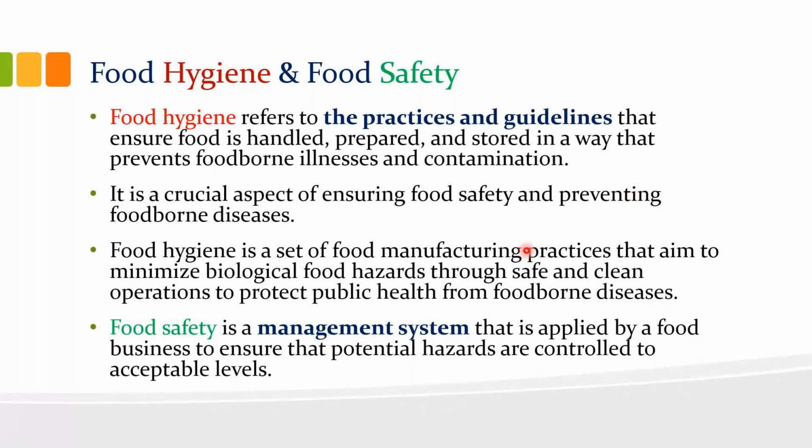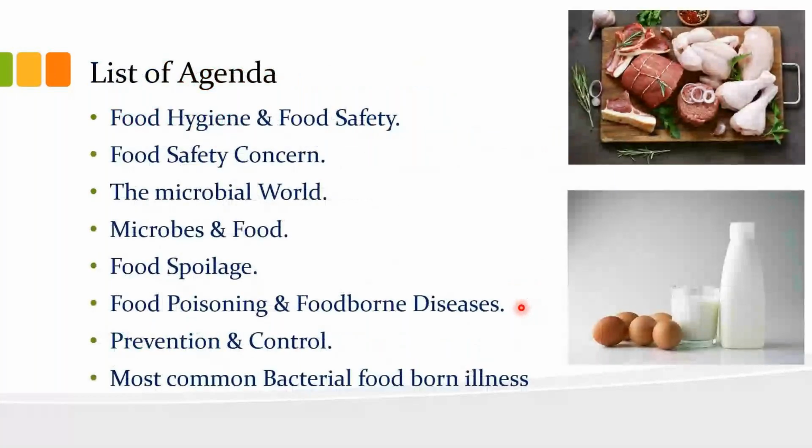Food hygiene ensures food safety and prevents foodborne disease. Food hygiene is a set of food manufacturing practices that aim to minimize biological food hazards through safe and clean operation, to protect public health from foodborne disease. My agenda today contains food hygiene and food safety.